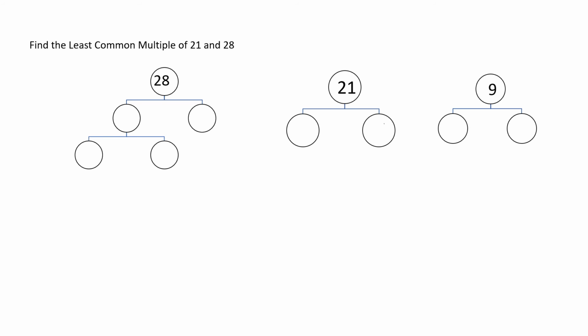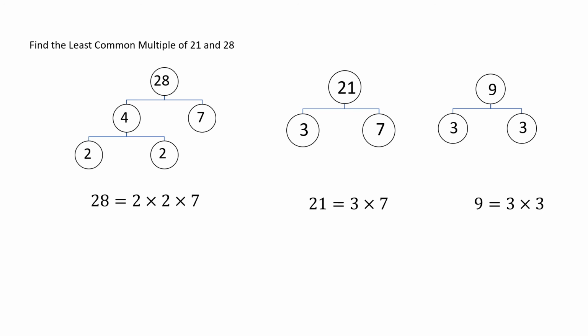Trying it again, we just did 28, 4 and 7, which gave me 2, 2, and 7. 21, which was 3 and 7. And 9, which is 3 and 3. So when I look at this now, I have the least common multiple. The 2 times 2 comes from the highest number of 2's, which is in 28.